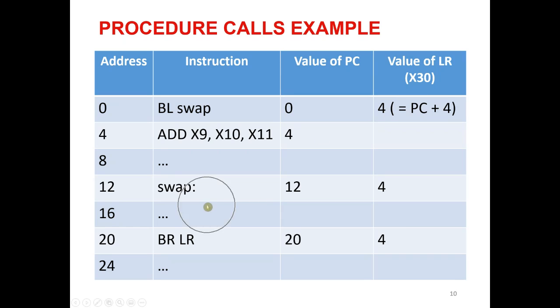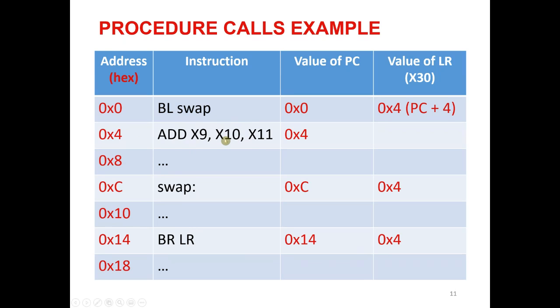By doing this, once I'm finished and want to return to where I was when I called the procedure, I just look at which address the next instruction is in: address 4. So I go to address 4 and execute that instruction. Remember that we have mentioned that those instructions are usually represented in hexadecimal for clarity. It will be the same as we have seen previously with decimal, but in hexadecimal.